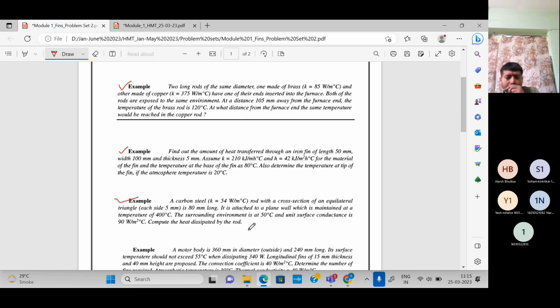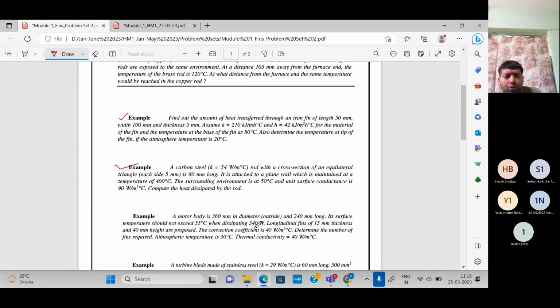But mostly the cases will be given in the problem itself, and we have to solve the problem by taking that case only. Then only we will get full marks for the question. Okay, if some case is mentioned in the problem and we solve the problem with some other case, then we will get 0 marks.